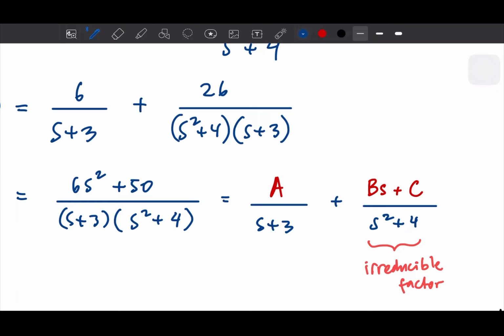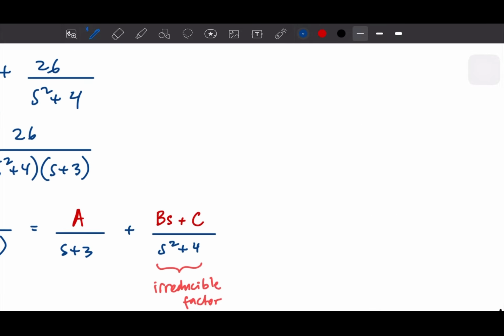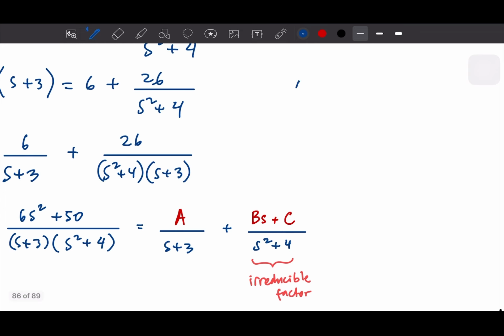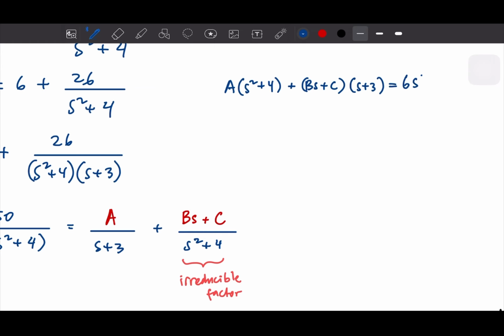So let's solve this. Let's take a(s squared plus 4) plus (bs plus c) multiplied by (s plus 3), and this is supposed to be equal to 6s squared plus 50. We can have a condition, let's say let s be negative 3 to make s plus 3 be 0, right?